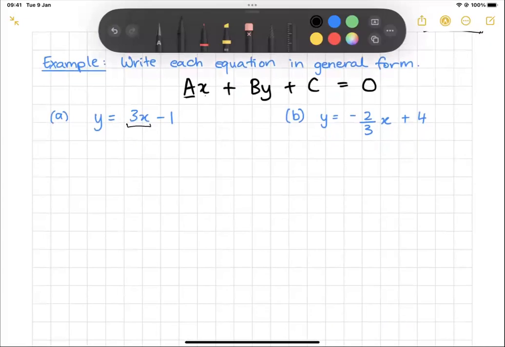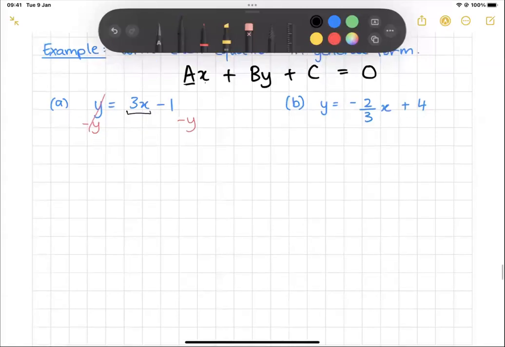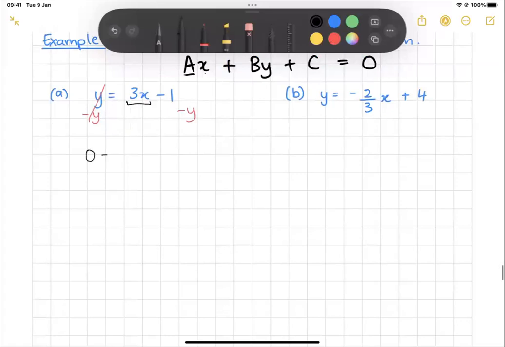Now, if your Ax is positive, leave it. What we're going to do now is move any other term, either the y or the constant, to the other side. I'm going to subtract y to move it to the other side. y minus y equals 0, so that cancels out.